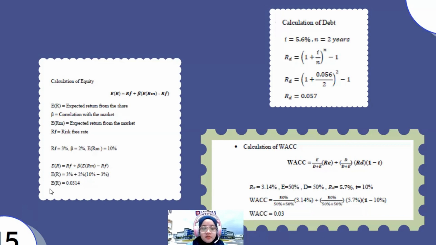And we got ER, which is equity, with 0.0314. And lastly, calculation of WACC. RE, we use this value from this answer, and equity 50% with debt 50%. RD from the answer, and T 10%, and we got this value for WACC.